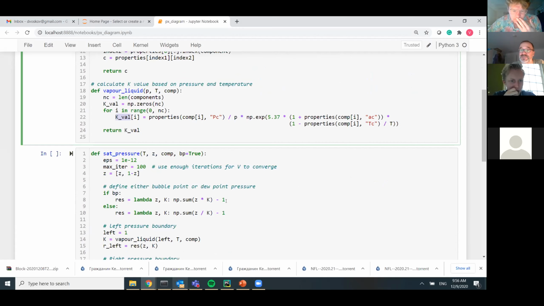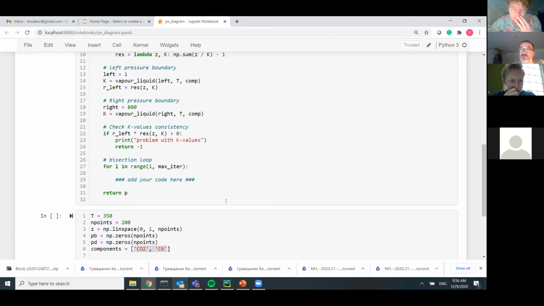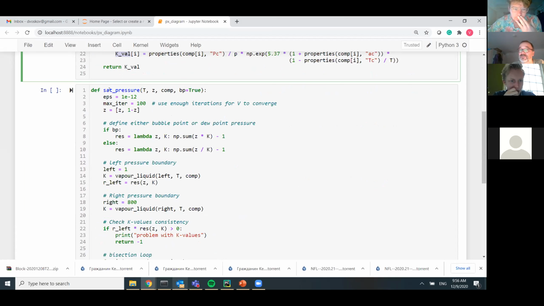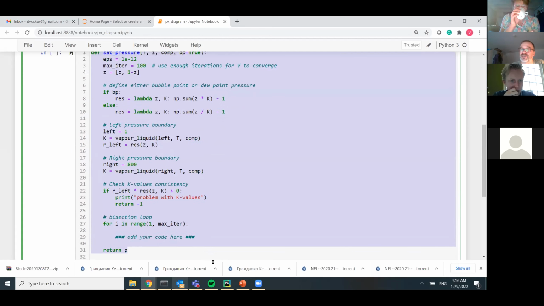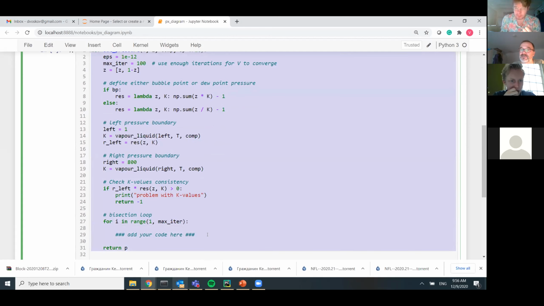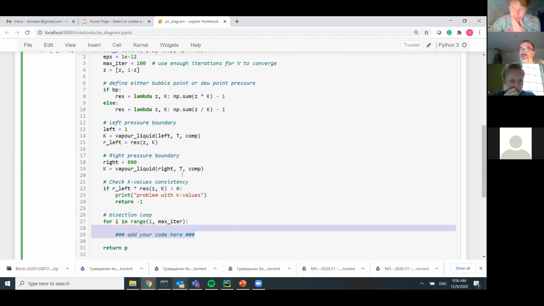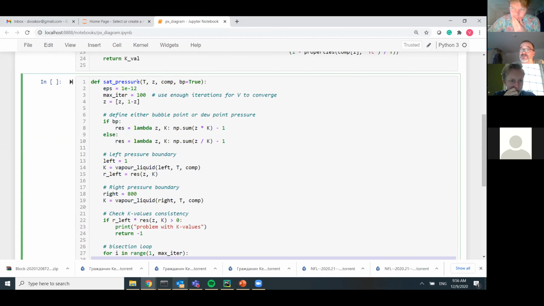Now, once you have these K values, you can compute our saturation pressure, either bubble point pressure or dew point pressure. And this is a procedure that is only missing the bisection loop that you need to add. More or less, what this procedure does, you pass temperature, you pass composition, and the number of components. And then you define if it's bubble point or dew point.